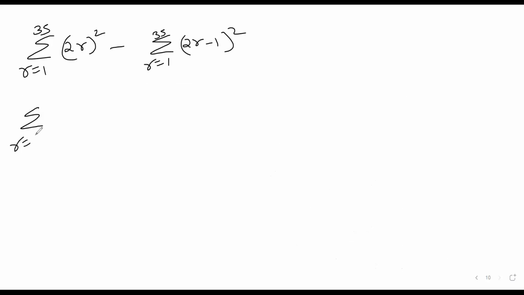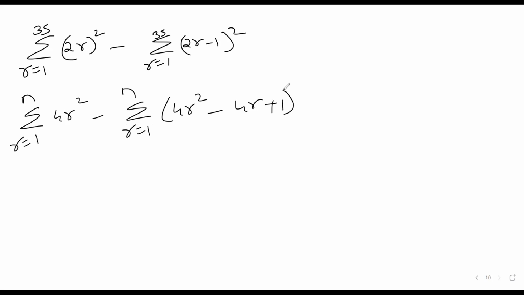This is summation R runs from 1 to n 4R square minus, we will expand this, summation R runs from 1 to n (4R square minus 4R plus 1).